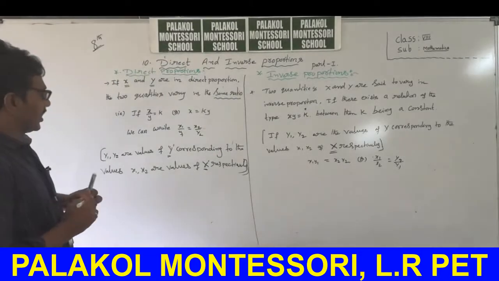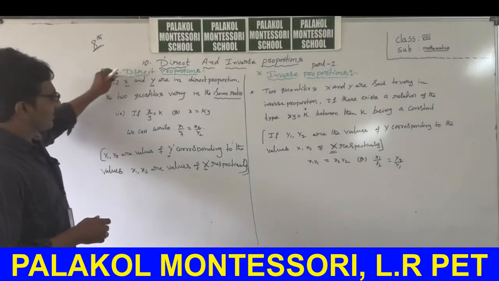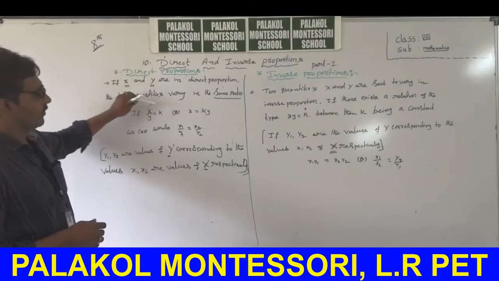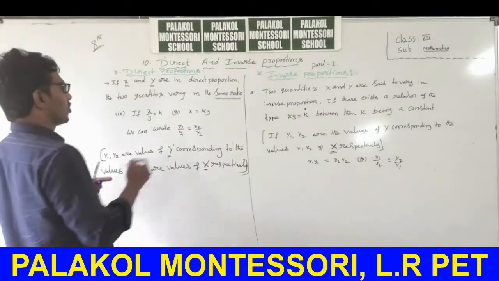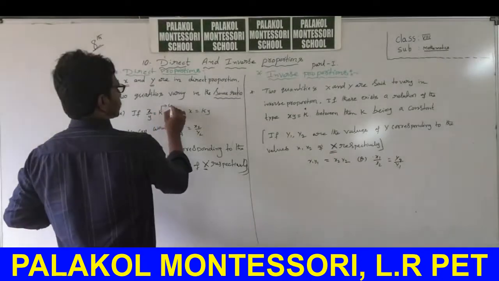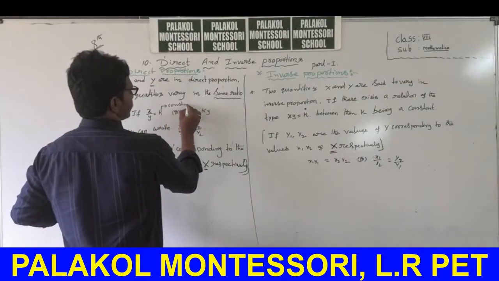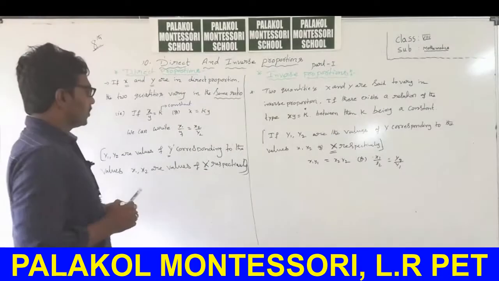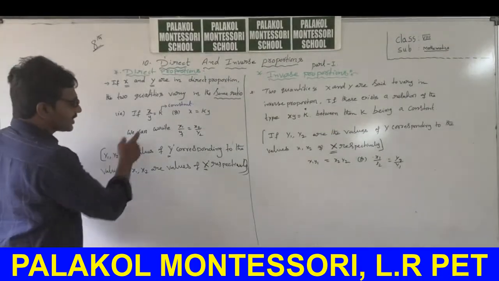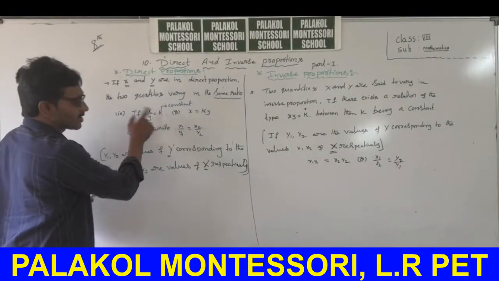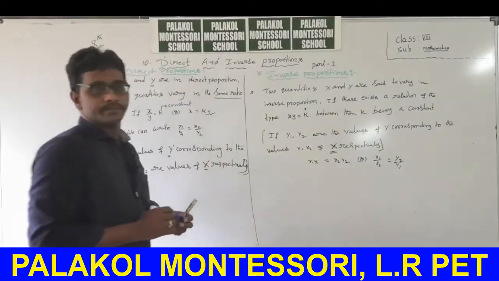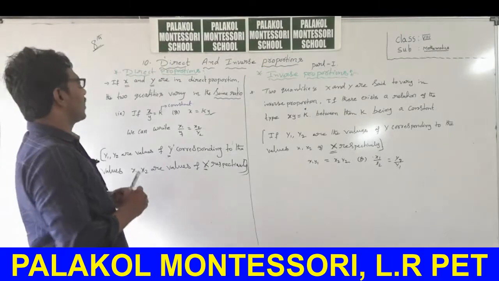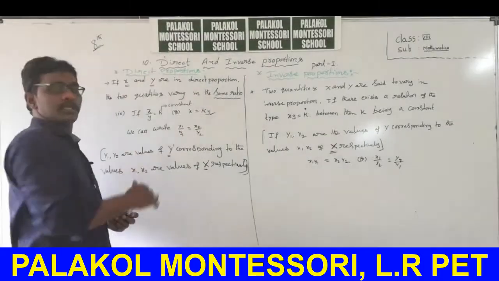That means if one quantity is divided by another quantity, we will get one constant term, that is k. K here is called a constant. So here y is division on this side, and on that side it is multiplication, x equal to ky is the original form of direct proportion.